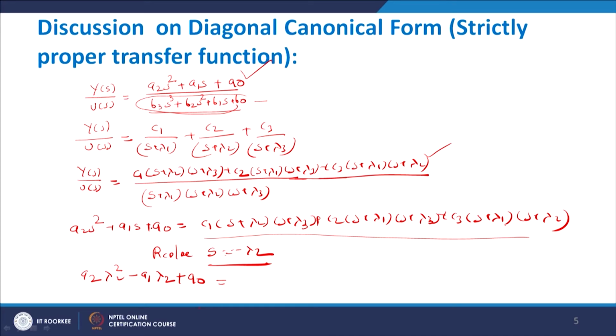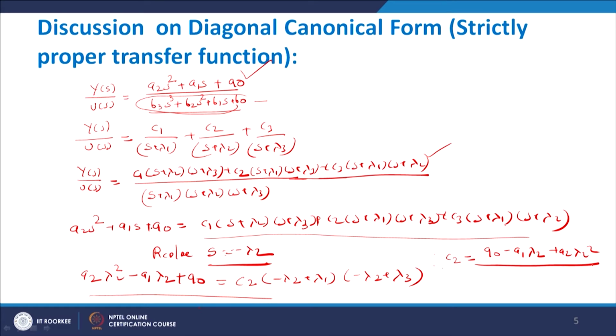So, we can write C2 times minus lambda 2 plus lambda 1, times minus lambda 2 plus lambda 3, and from this you can easily get C2 equal to A0 minus A1 lambda 2 plus A2 lambda 2 square, divided by minus lambda 2 plus lambda 1, times minus lambda 2 plus lambda 3.